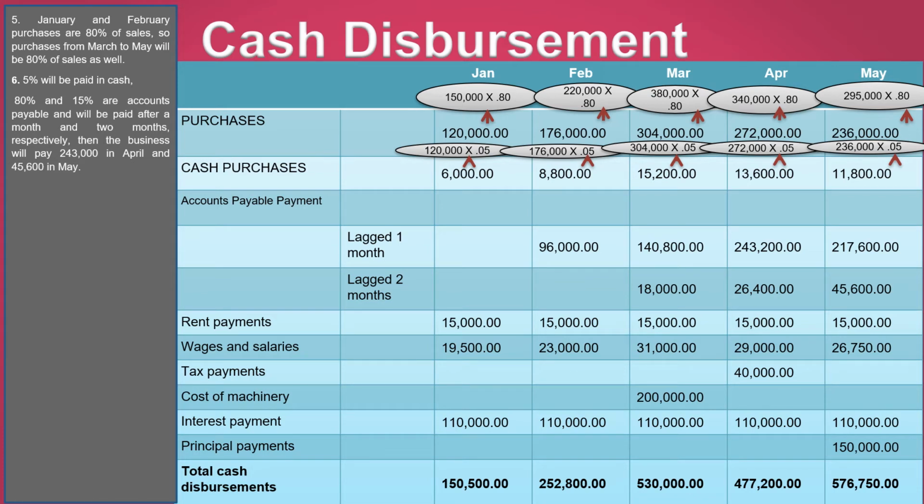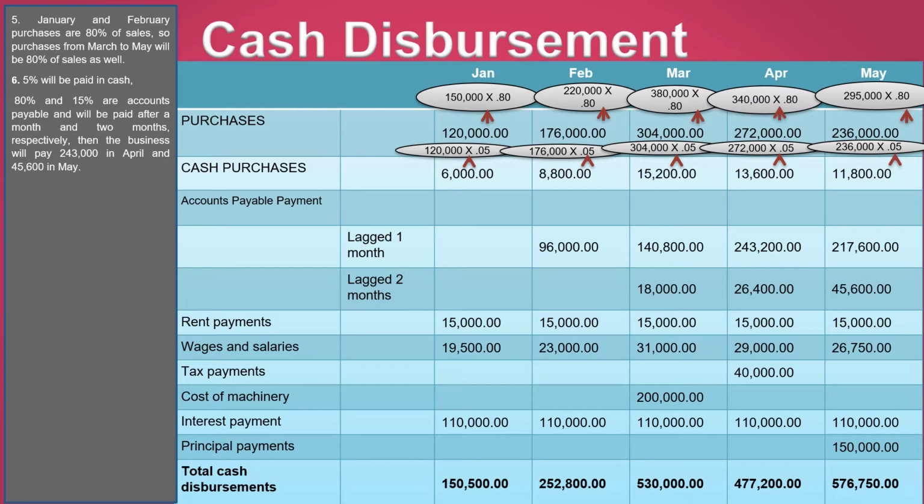80% and 15% are accounts payable and will be paid after a month and 2 months. So it's almost the same as the cash receipt schedule, but this time this is accounts payable, while the cash receipt schedule is accounts receivable. Now we have accounts payable payment that will be paid after 1 month.